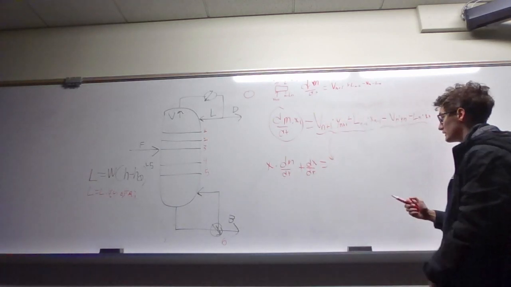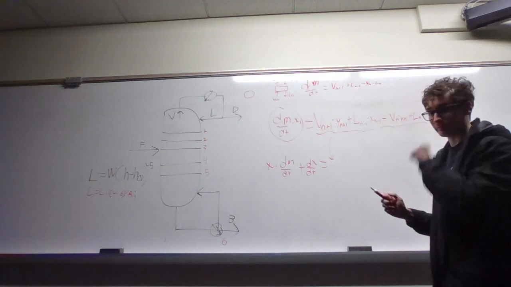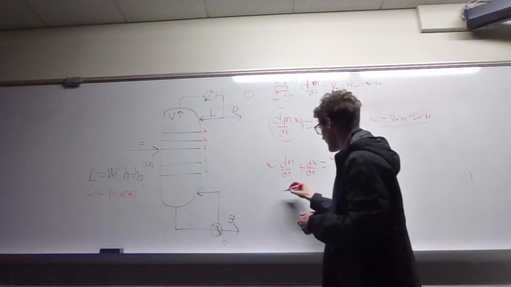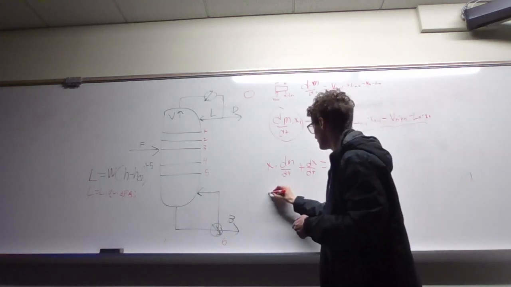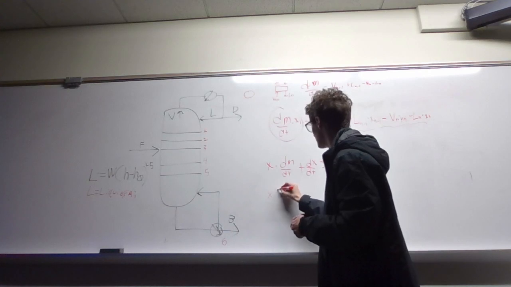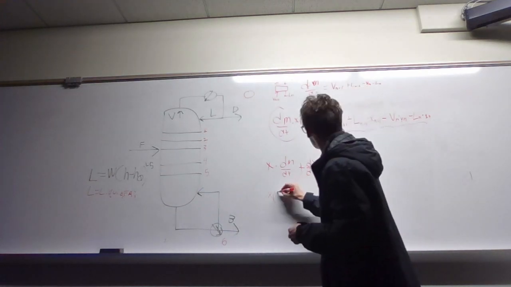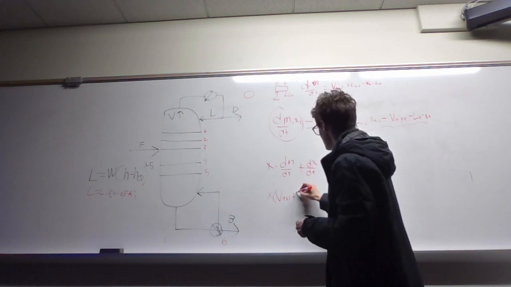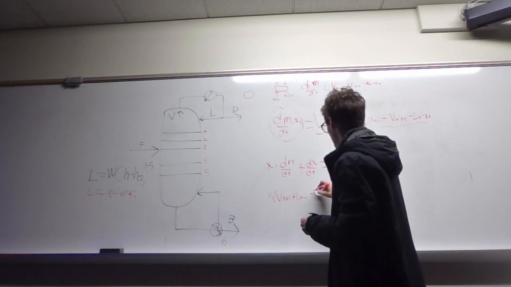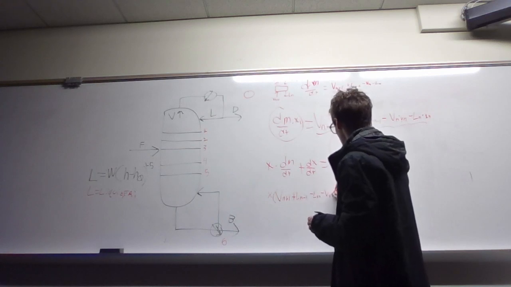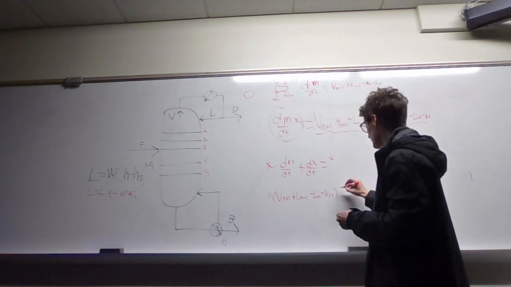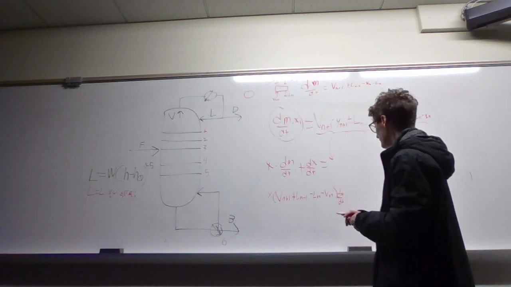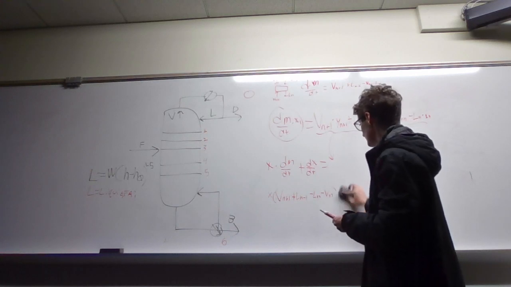So if we just put x on the outside, you end up getting Vn plus 1 plus Ln minus 1 minus Ln minus Vn, dt. No, sorry, that is dm/dt, excuse me.